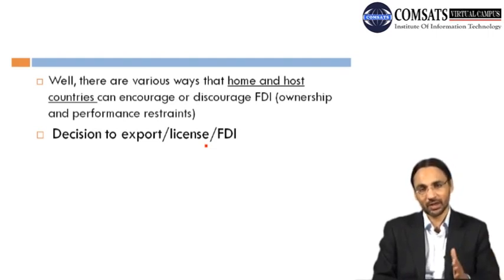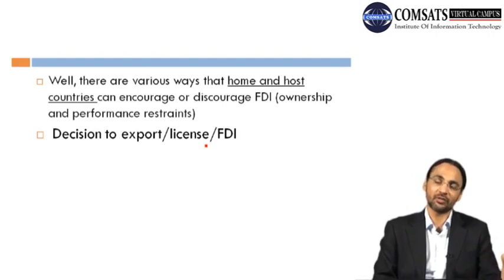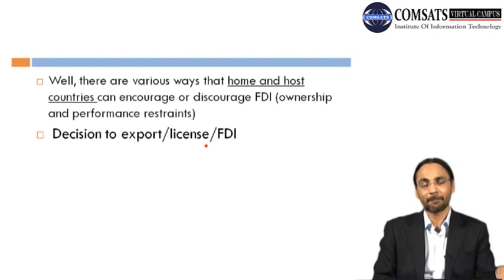On the other side, if we look at the host country, nowadays countries are competing with each other to attract firms so that those firms should invest in those countries. It's very famous that most countries offer tax rebates to companies to attract them so that they can invest in those countries or in those states.